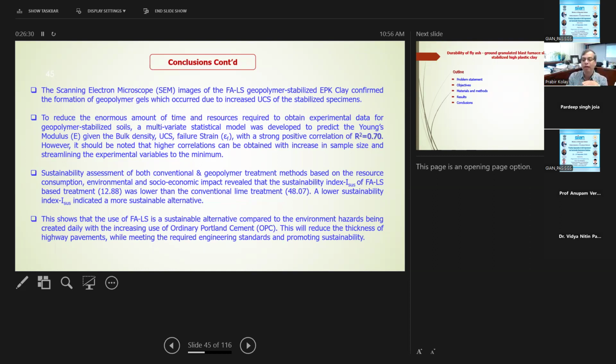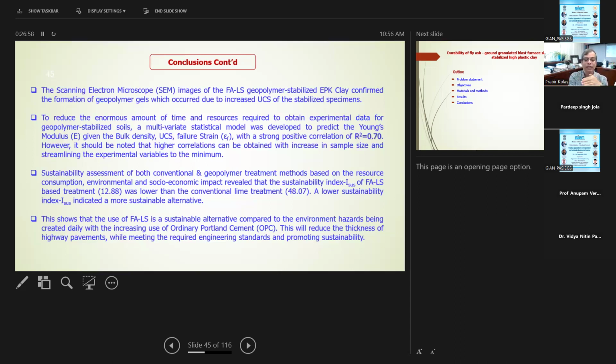Obviously, we have not done the studies only with OPC. If you use OPC, then you can really compare the strength of fly ash and lime sludge, or fly ash and GGBS, against OPC or lime. Again, for the sustainability index, we used lime as a reference when calculating it.